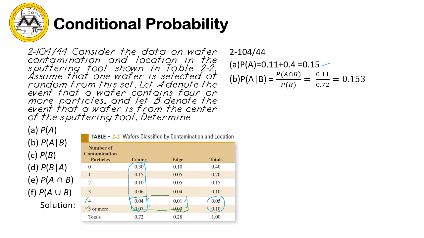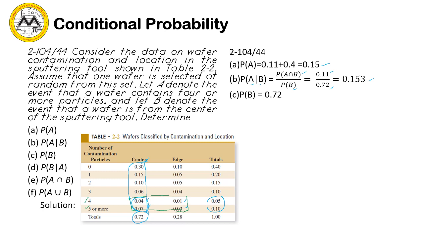For probability of A given B, A given B is the intersection of A and B over the denominator P of B. You can see that they intersect at 0.11, while P of B, the total, is given as 0.72. So the quotient 0.11 over 0.72 is 11 over 72, or 0.153.